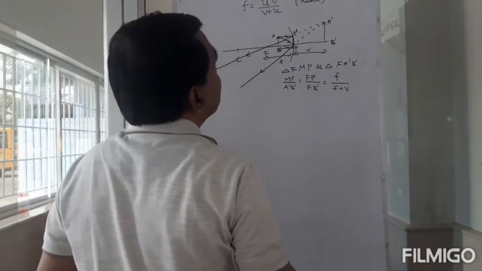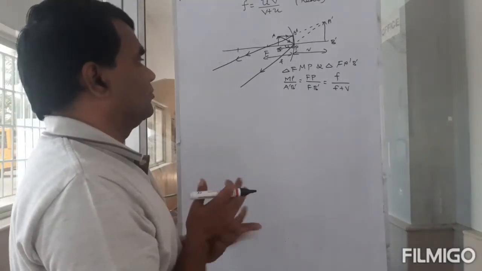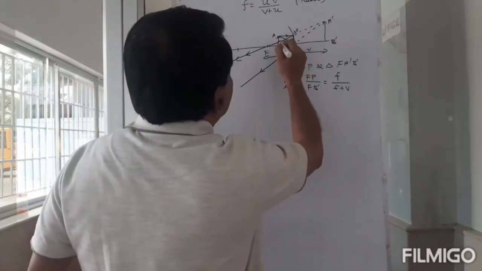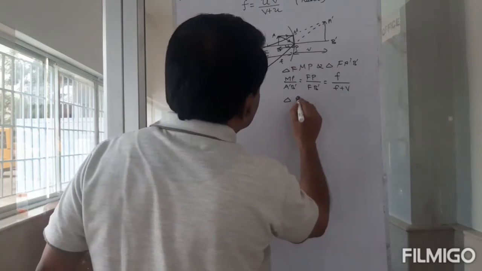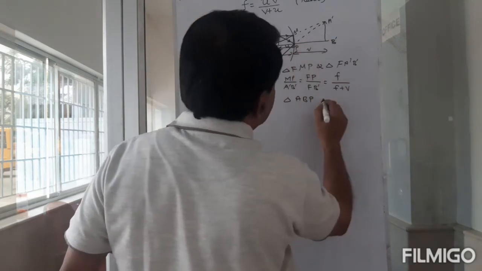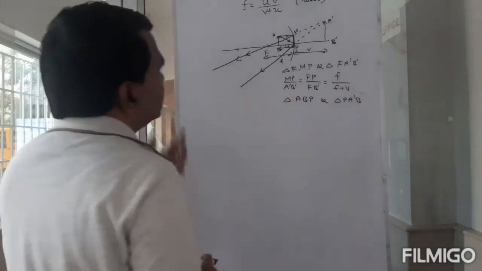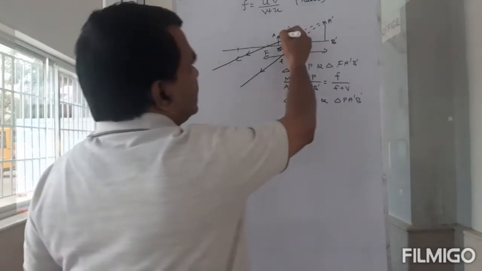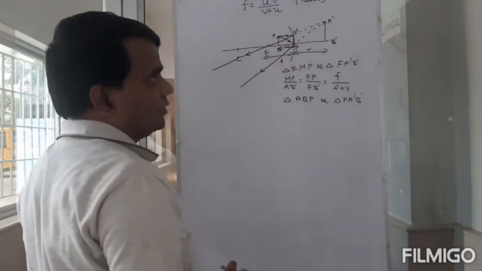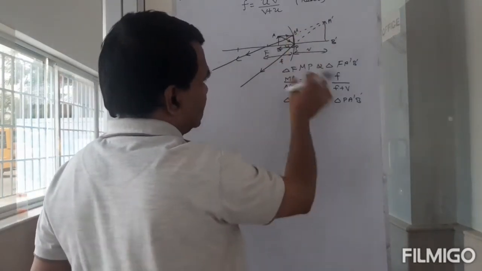And what about, can you find any other similar triangle? Triangle ABP and triangle P A dash B dash. These two will be similar triangles again, because both of them will have the same angles at all corners.